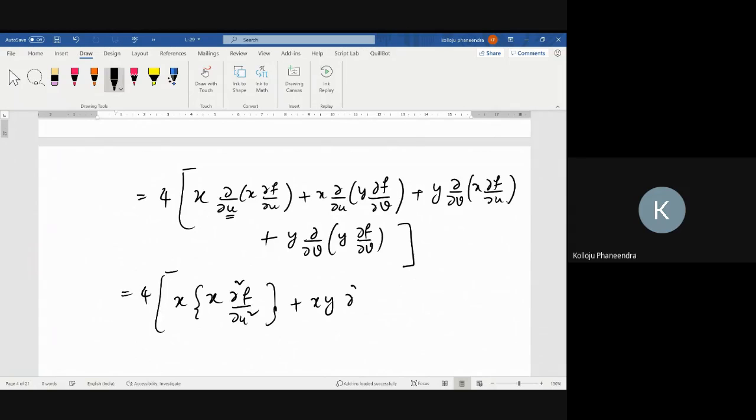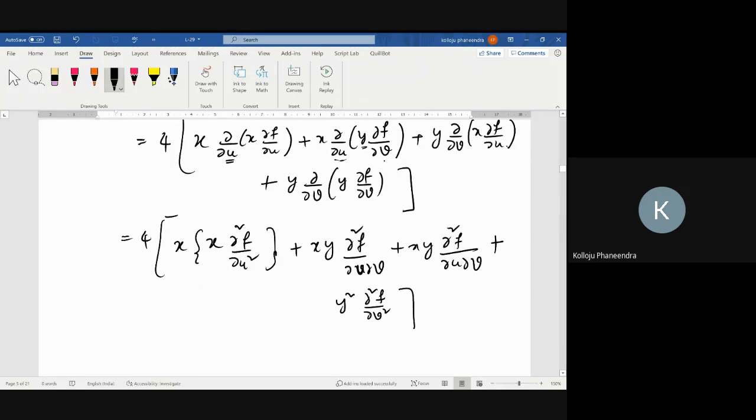Similarly, y is treated as constant when I take derivative with respect to u. ∂²f/∂u∂v, plus this is xy into ∂²f/∂u∂v, plus, and lastly y² into ∂²f/∂v², bracket close.